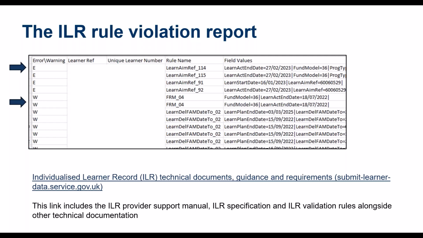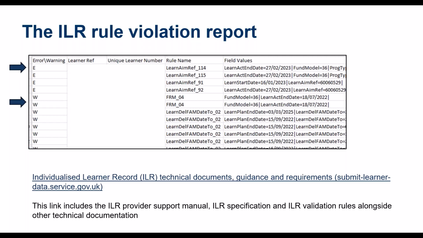There's various information within the report to allow you to understand the error, such as the rule name, the field values, the error message, and the aim sequence number. The aim sequence number lets you know specifically which learning aim the error refers to. If you feel you need more information to understand the error, then the most detailed source of information about ILR validation errors is within the ILR validation rules document, which is held at the hyperlink within the slides.